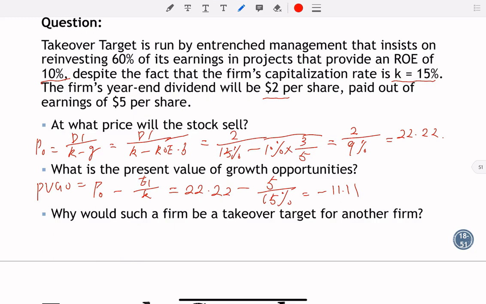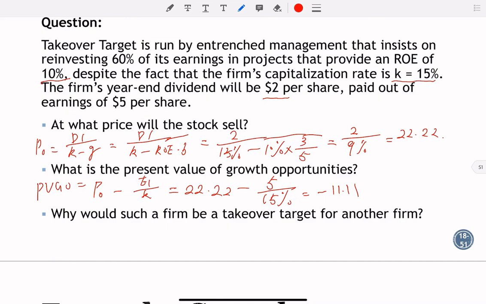So in this case, you can see that this firm could be a takeover target because its management is investing in inefficient projects, right? To be more specific, if this takeover target gets taken over by a different firm, then this different firm can remove the management.